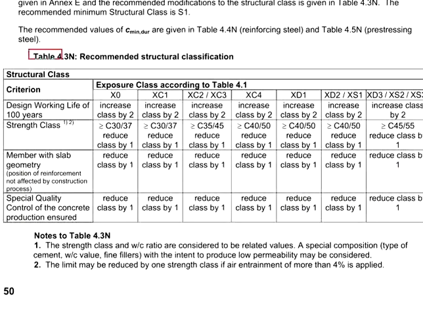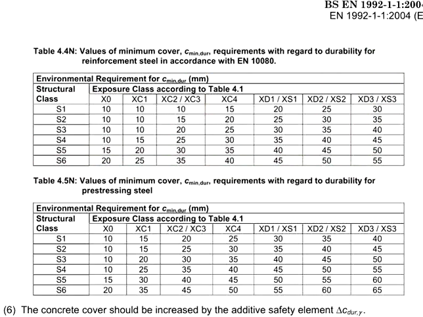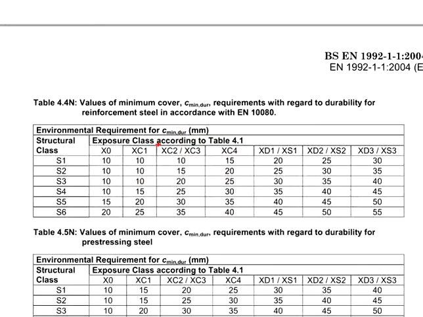And then later you will need to check table 4.3N to see if there is any change in terms of the structural class. Next you will refer to table 4.4N. You will start with structural class 4 and XC2, XC3. See if there are conditions that bring you to shifting or reducing the structural class. From there, you will be able to determine the C min,dur due to the environment.